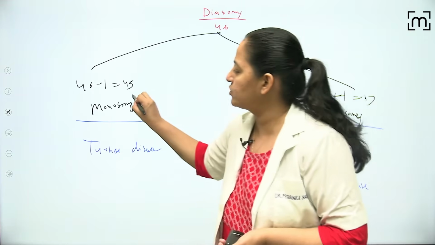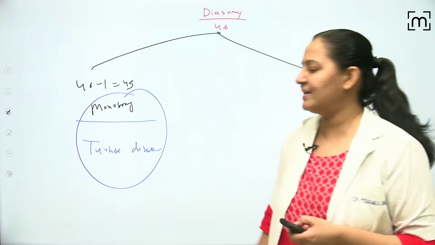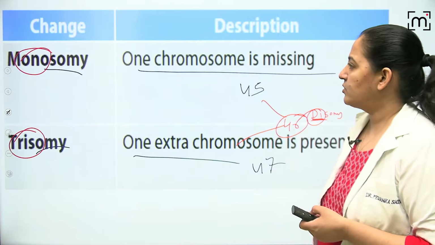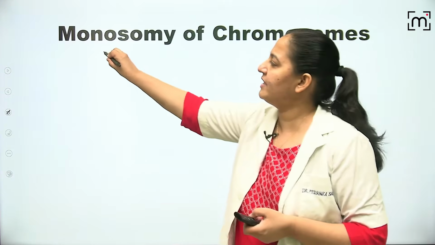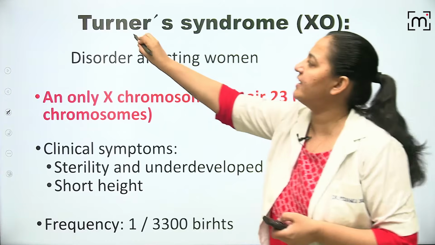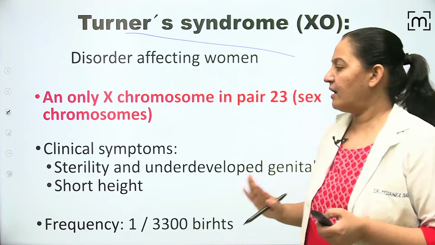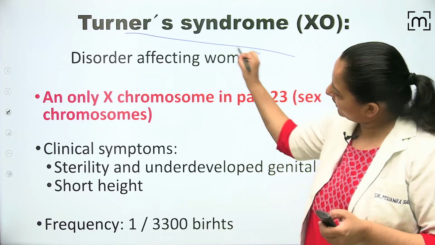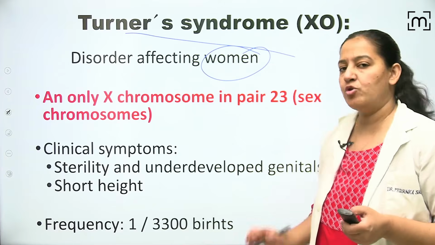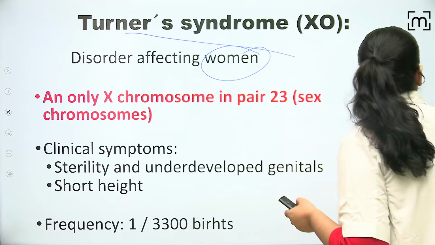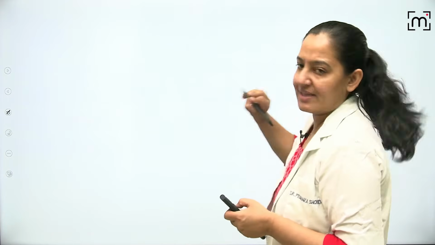Let me start with monosomy. In monosomy, the best example which I can quote is Turner disease. Turner disease occurs in females, only in females, not in males. So what happens in a female? In a female there are 46 chromosomes.